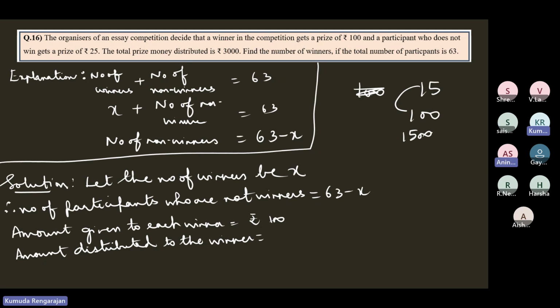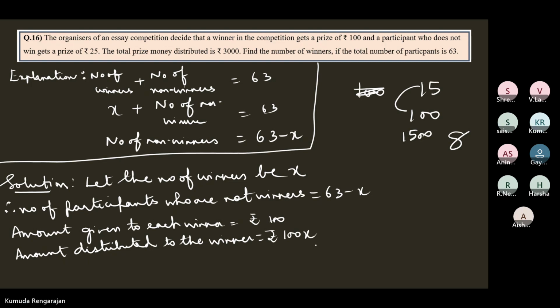It is repeated addition. Supposing eight winners, each one gets 100 rupees, so the total is 8 into 100, 800 rupees. In the same way here, amount given to each winner is 100 rupees. How many winners? X. So the amount distributed to X winners will be rupees 100 into X, 100X.